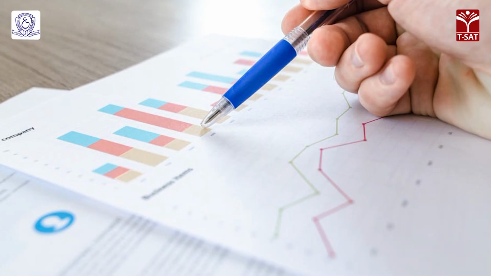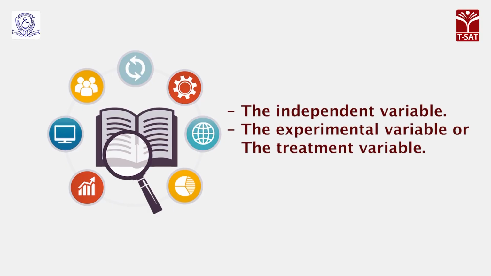In social research and other behavioral sciences, the manipulation of a variable takes a characteristic form in which the experimenter imposes a predetermined set of varied conditions on the subjects. This set of varied conditions is referred to as the independent variable, the experimental variable or the treatment variable. Then different conditions are designed to represent two or more values of the independent variable.